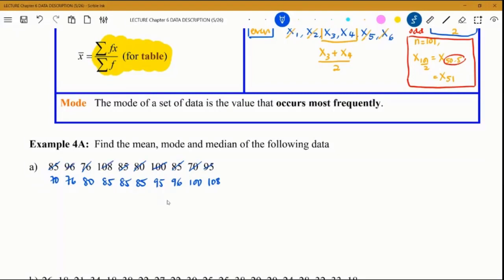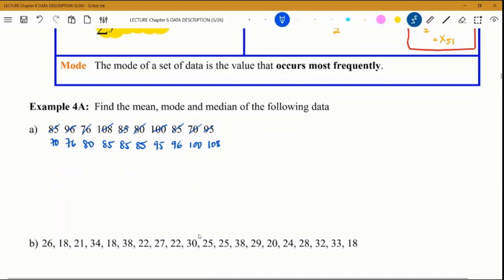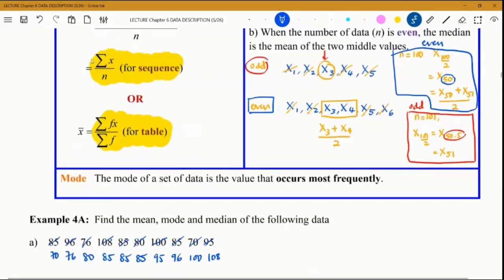Okay, so now find the mean first. This is a sequence. For a sequence, add everything together and divide by the number of data. N represents the number of data.